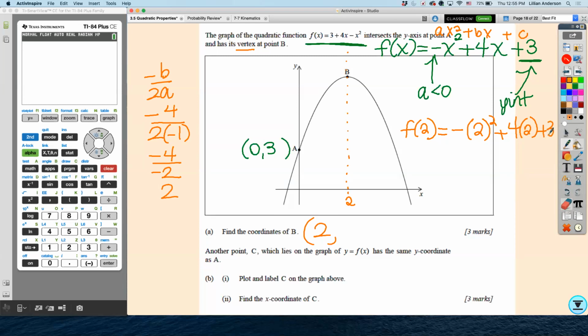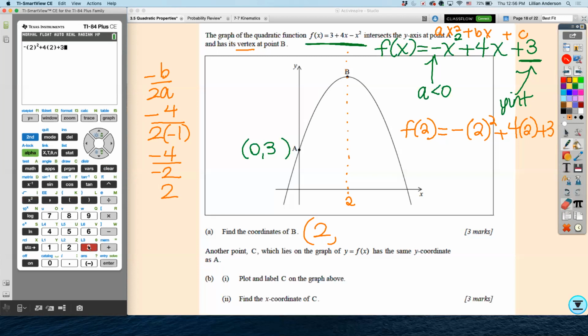I'm replacing 2 everywhere I see an X. Now this is where either your skills of operation come in or your skills of using the calculator, okay? Negative parenthesis 2 squared plus 4 times 2 plus 3.